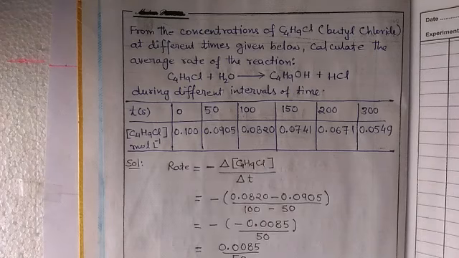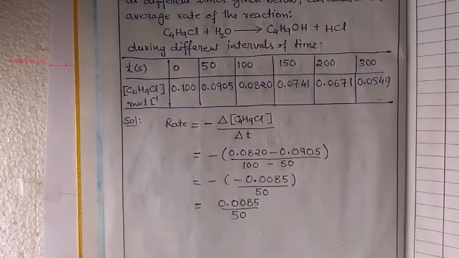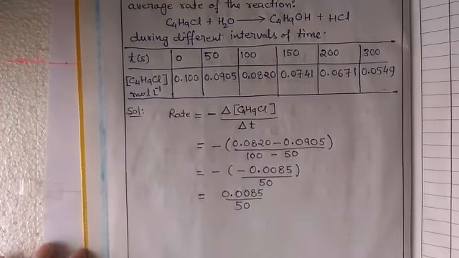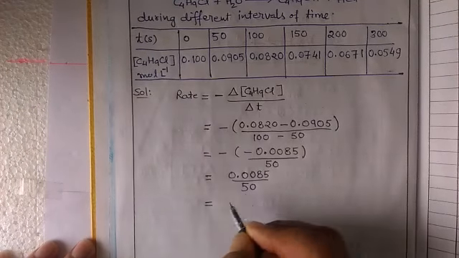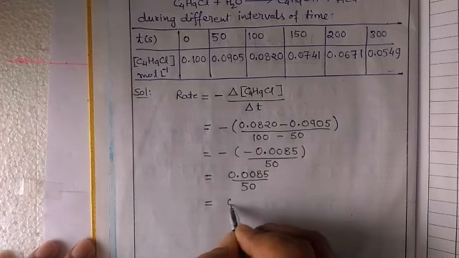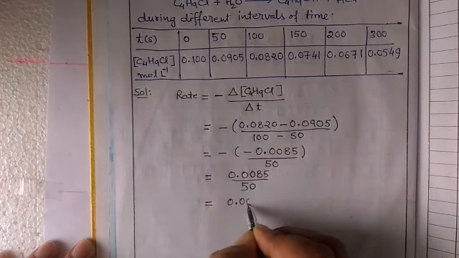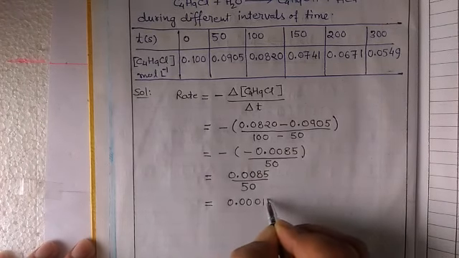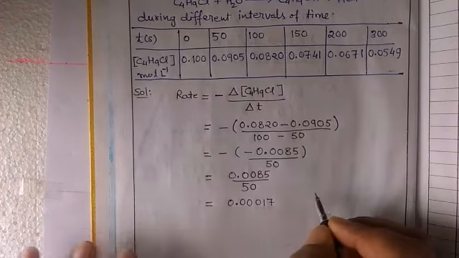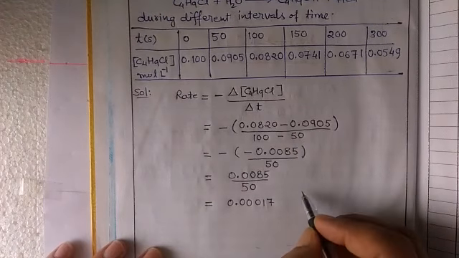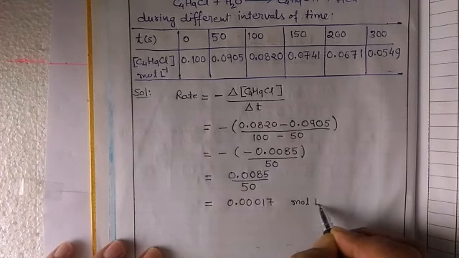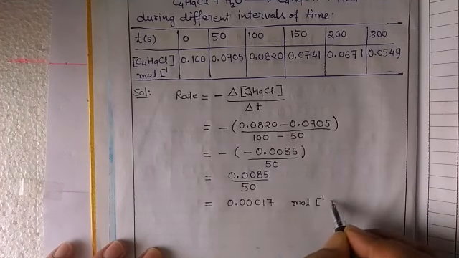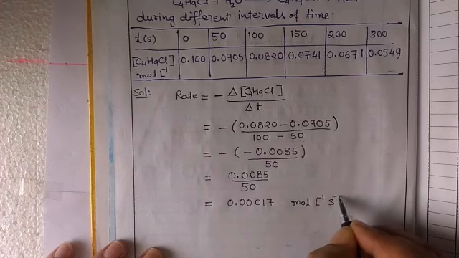Okay, let's make some space for it. So the value is going to become 0.00017, and the unit is mole per liter per second.